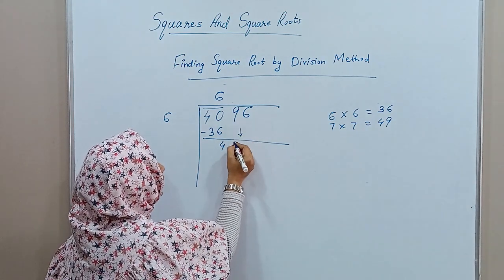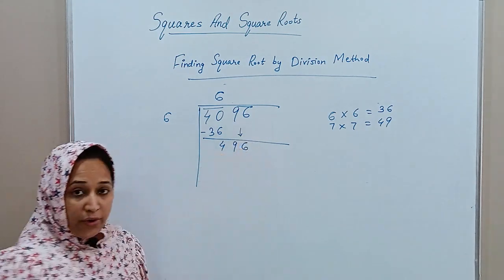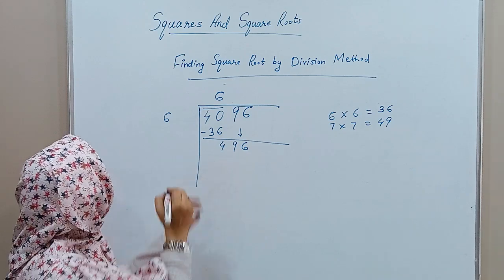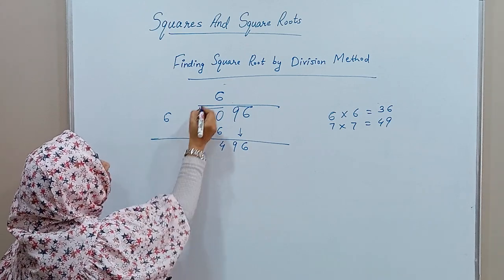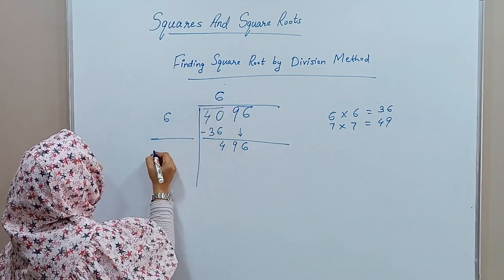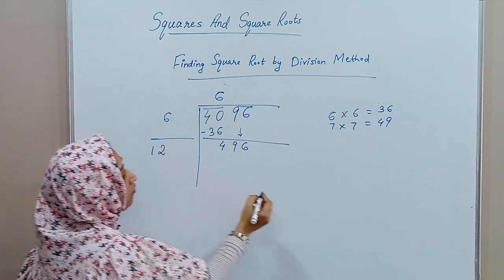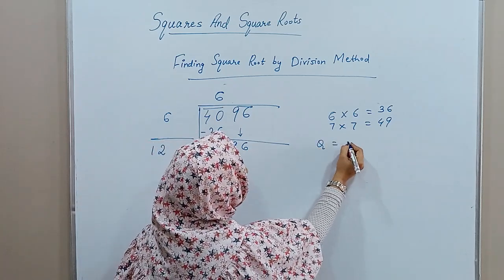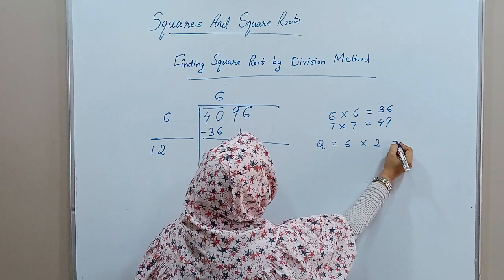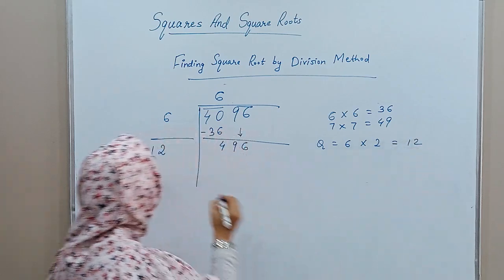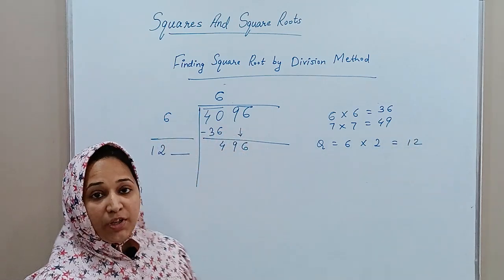So this will become 496, right? Now at this place, our quotient is 6. You have to multiply it by 2, which makes it 12, and put a dash here.